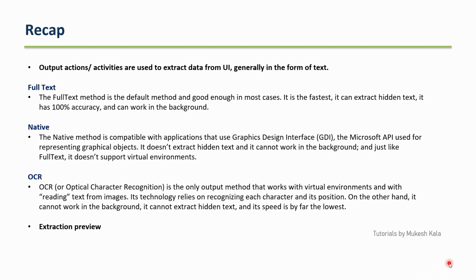In the modern design, the scraping window is missing because you have the extraction preview which is embedded inside the activity. So you don't have to worry, everything is there for you. You just have to utilize it and know where exactly it is. Classic versus modern is a very important topic, and in future you would see more of the projects in the modern design, so please focus more on the modern design.